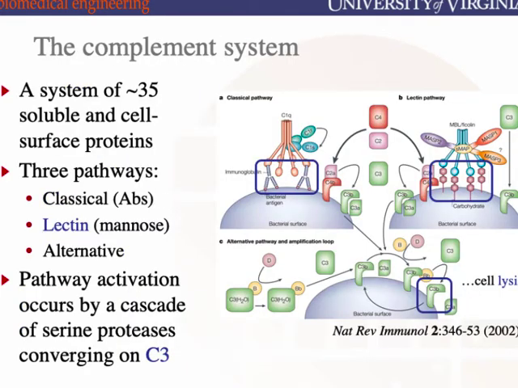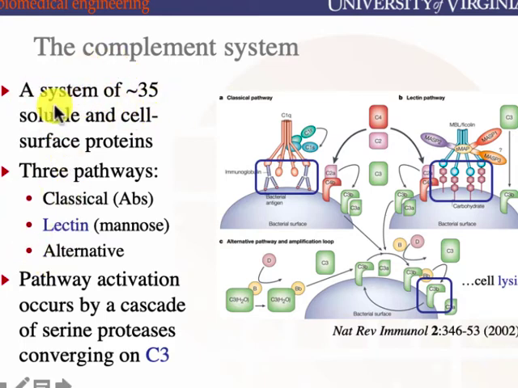All right, so we've got innate and we've got acquired. We're going to focus on innate. And innate has a humoral response, and we're going to focus today on the complement system as our humoral response of innate immunity. And then we'll tackle the cell-mediated systems.